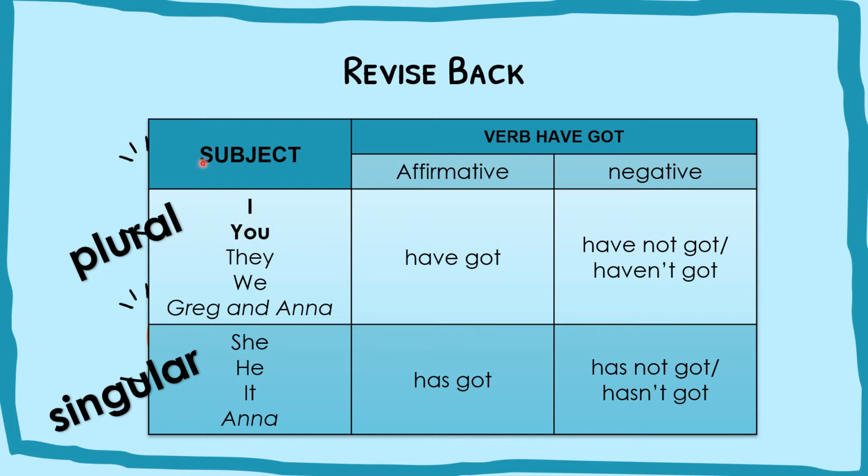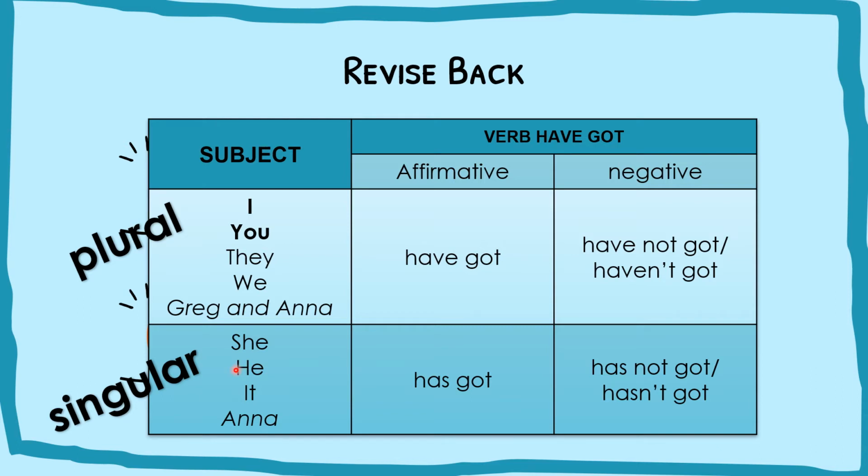So in the group of plural, you are going to use the verb have got. When the subject is plural, you use have got. But if the subject is in the singular group, singular means single.